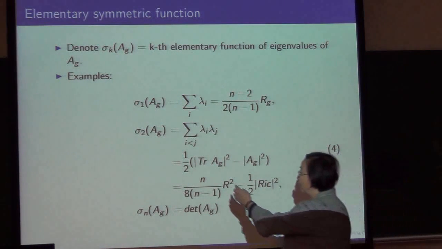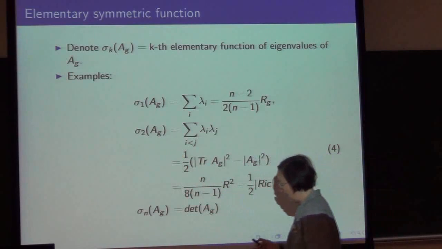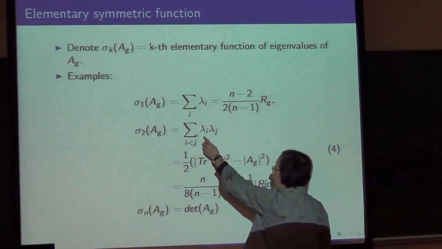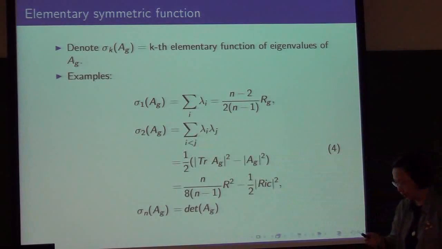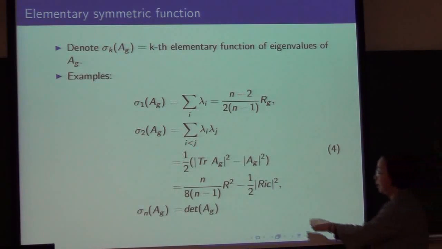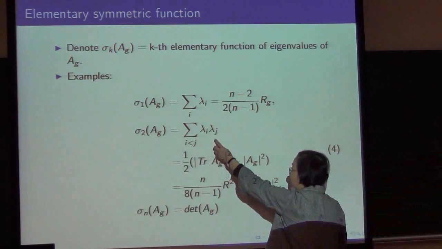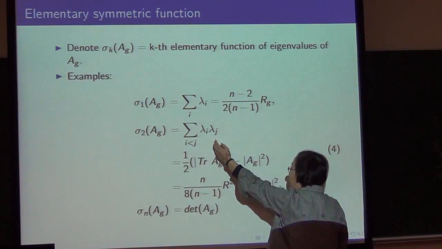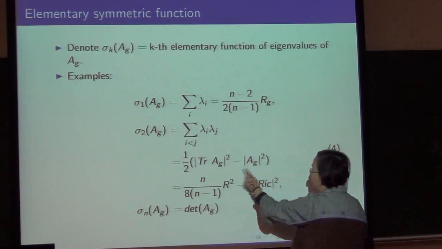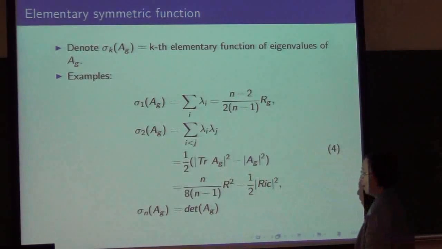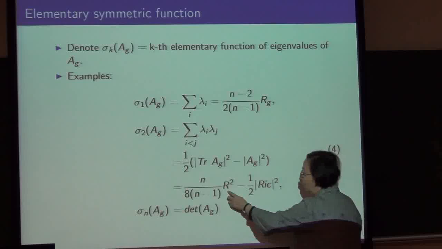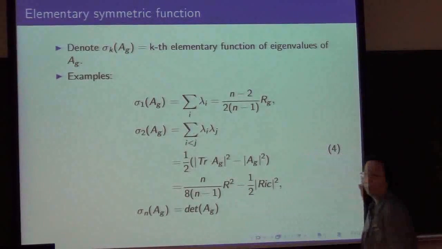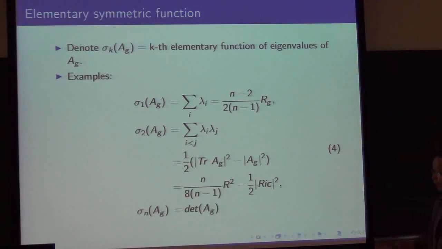And here, we are interested in the second symmetric function. The second symmetric function is the sum of lambda_i lambda_j over i less than j. That turns out to be related to the trace squared: you think about lambda_i lambda_j as trace squared minus the sum of lambda_i squared. So you write it down, and it's a multiple of scalar curvature squared, then a negative sign and a multiple of Ricci squared, and so on.